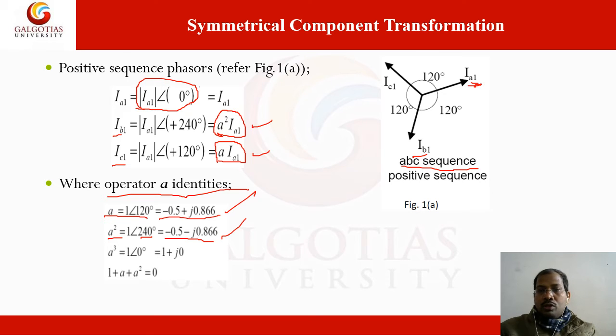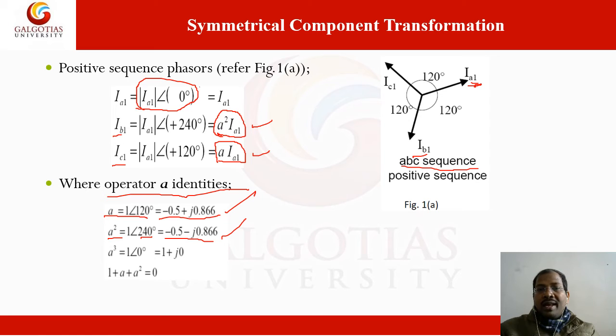A cube: when we take A cube, we get the magnitude as it is because of unity magnitude, and the angle is 120 plus 120 plus 120, three times. Angle multiplication is converted into addition, division is converted into subtraction. So adding 120 degrees three times, we get 360, the same position as 0.